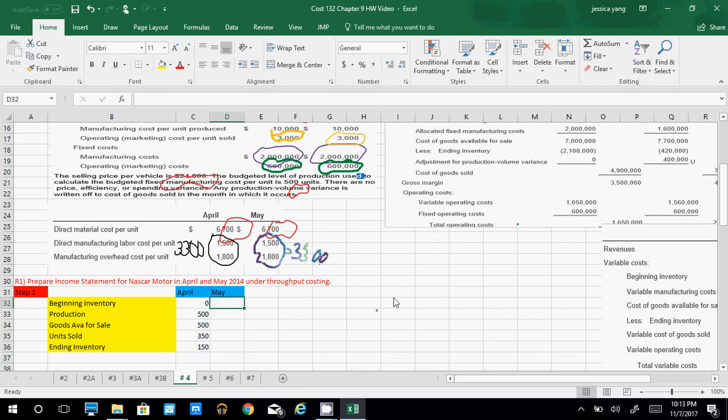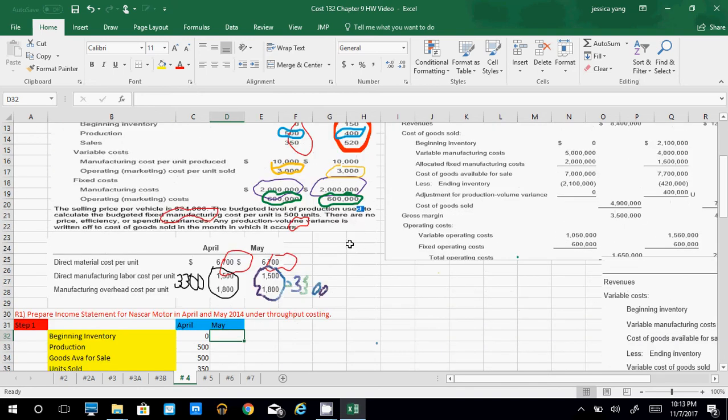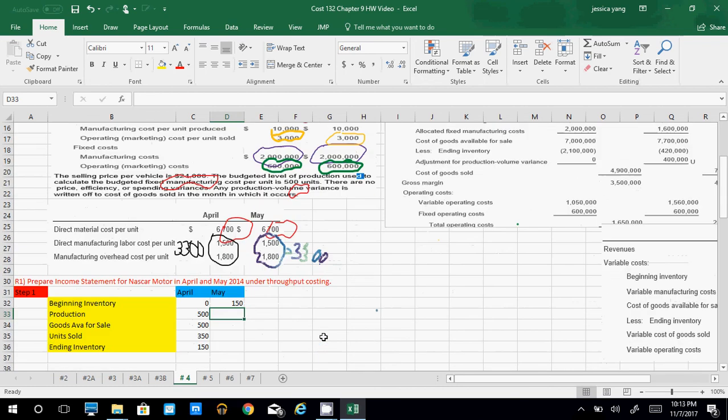Beginning inventory in May is 150 units. Production in May is 400 units. For goods available for sale in May, we add beginning inventory of 150 to production of 400 units to get a total of 550 units.